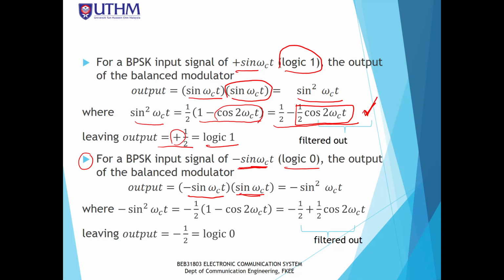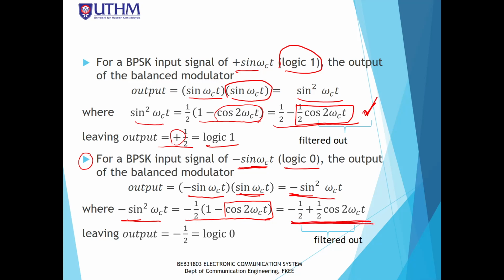So what we get in the balanced modulator is going to be minus sine square omega ct. According to the trigonometry identity, it is equal to minus 1 over 2 in bracket 1 minus cos 2 omega ct. So 2 omega ct is a high frequency component, and this is the output of the balanced modulator.